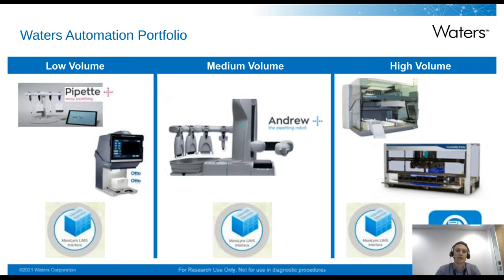So now let's focus on our current solutions and then take a more in-depth look at how each of these can be applied to the LC-MS workflow. We have split products up into three categories based on sample throughput volume.